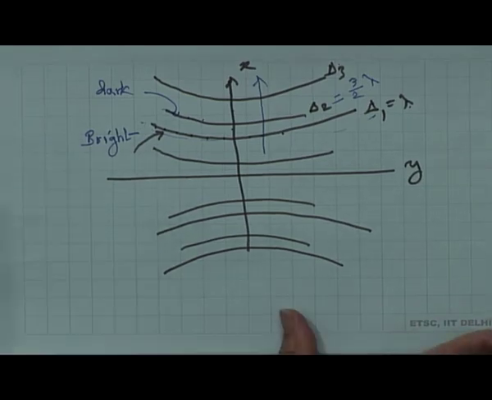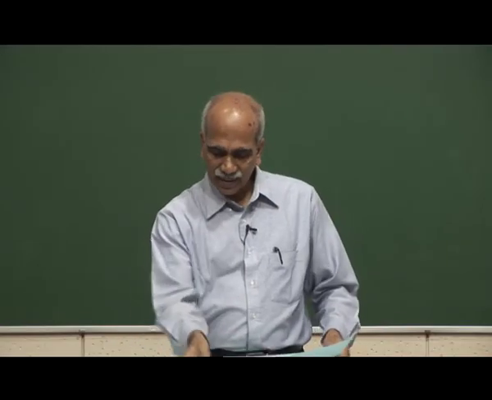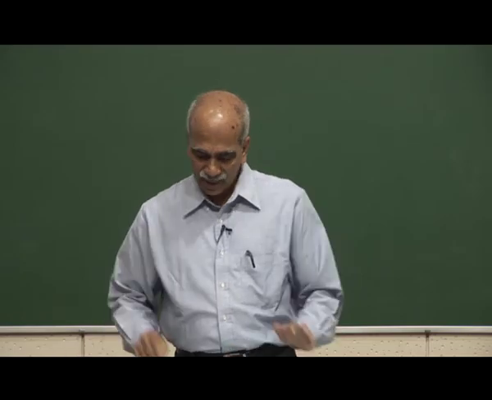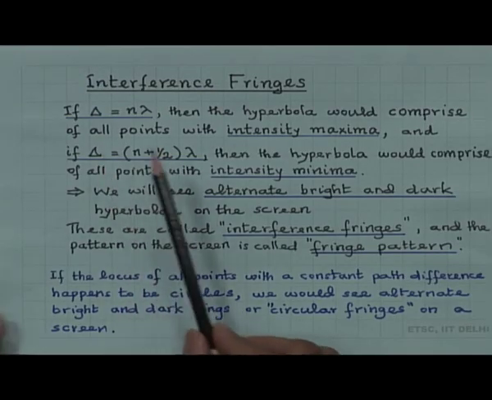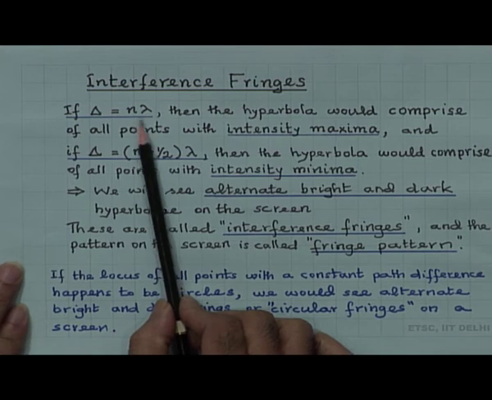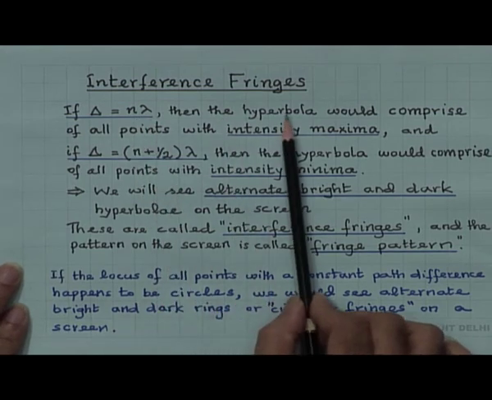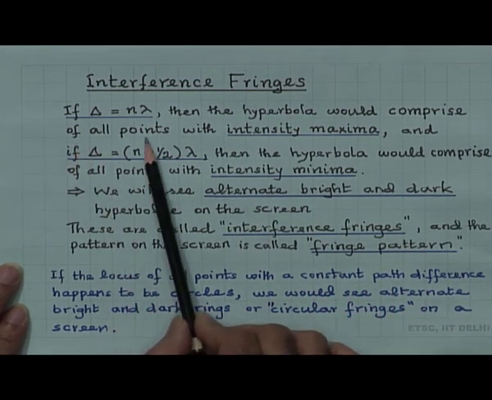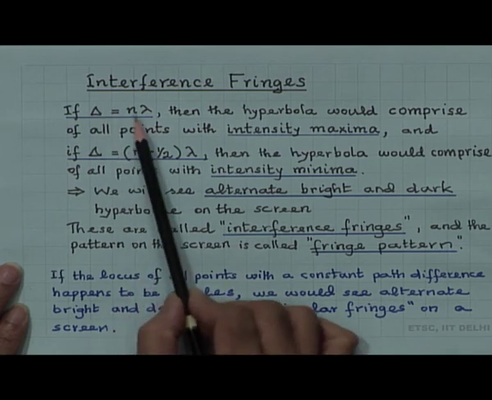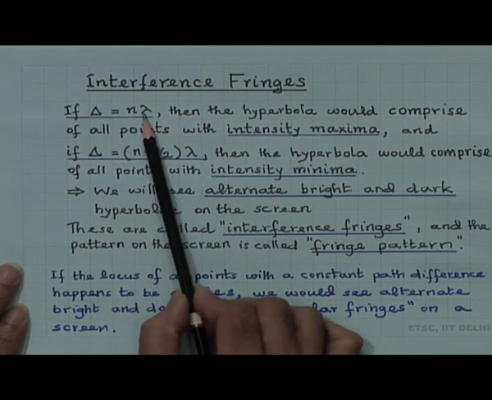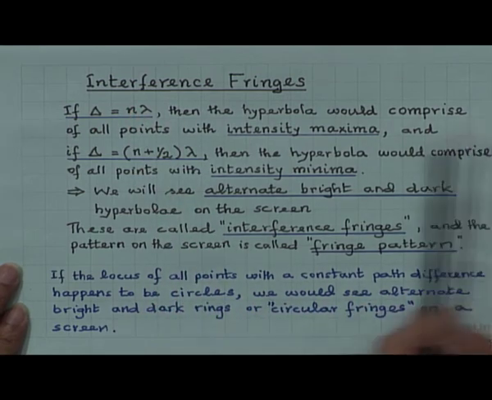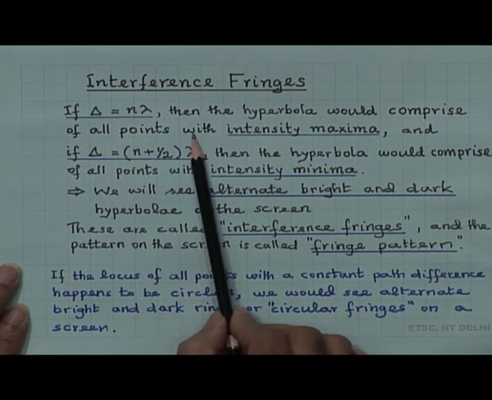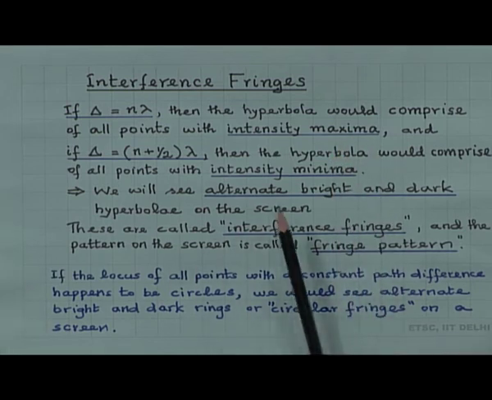Interference fringes. So, let us discuss the interference fringes. As I have discussed, if delta is equal to n lambda, then the hyperbola would comprise all points with intensity maxima. Whenever delta is an integral multiple of lambda, that particular hyperbola comprises all points of intensity maxima.